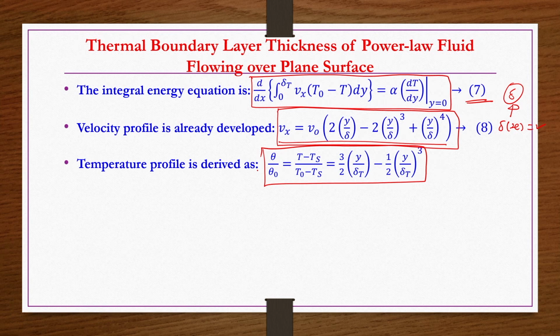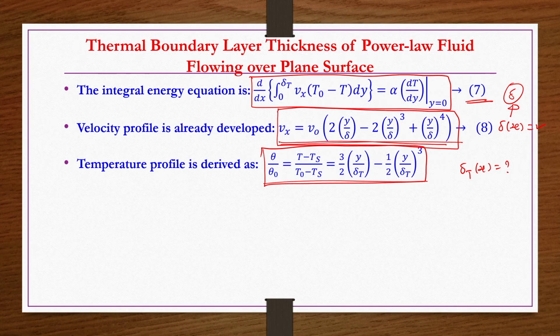So, remember, whatever derivation we are going to do in order to get this delta as a function of x is valid for these two velocity and temperature profiles, given by this equation and this equation. If you change either of these equations or both, the derivation is going to be different and the final results are going to be different, especially those functions of n.